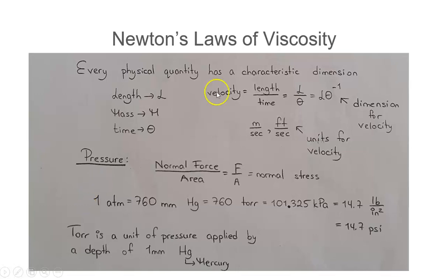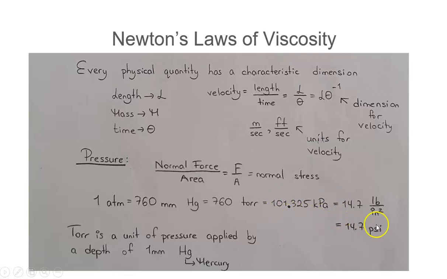Let's look at pressure. We've dealt with velocity, now let's look at pressure. Pressure is usually referred to as normal force over area, and this is also called normal stress. As you can see from here, 1 atmospheric pressure is given as 760 millimeters mercury. Hg here represents mercury, which is equal to 760 torr, which can also be equivalent to 101.325 kilopascal.